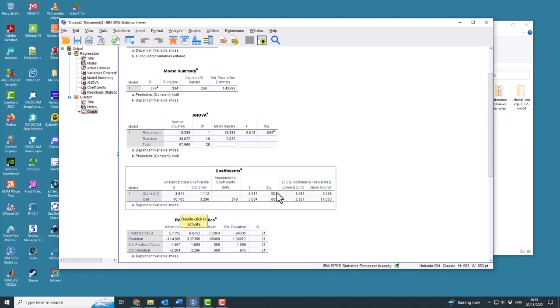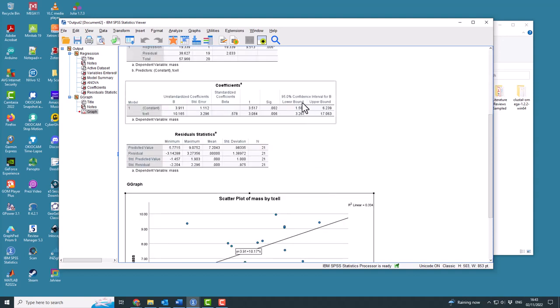Now, it also gives you the significance using a t-test. Don't worry about how those are calculated for the constant and the T cell. So this is telling you that both of these are pretty well modelled by the linear model. And then next, and most important of all, are the confidence intervals for the intercept and the gradient.